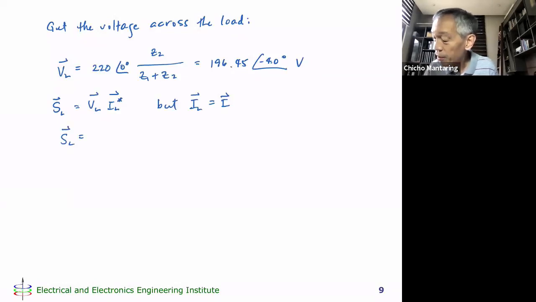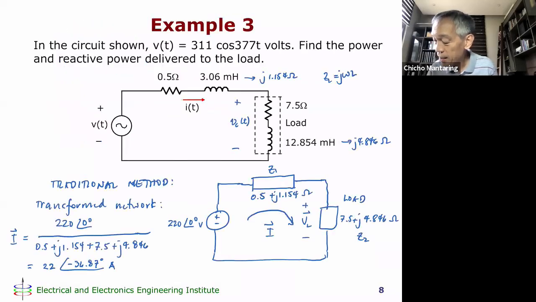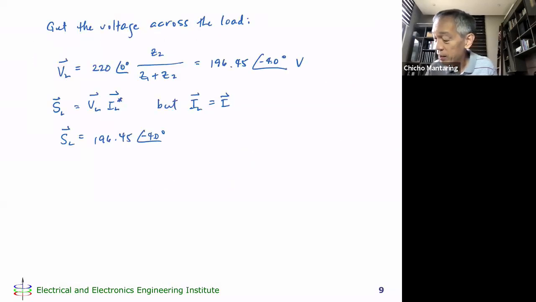This is now 196.45 at an angle of minus 4.0 degrees, and then I sub L is 22. But since I'm getting the conjugate, that would be 36.87 degrees. So this is 22 at 36.87 degrees.